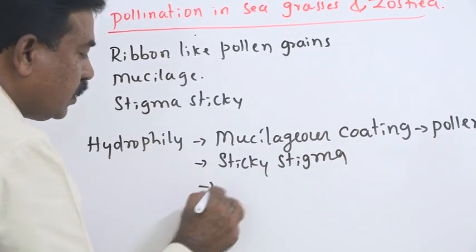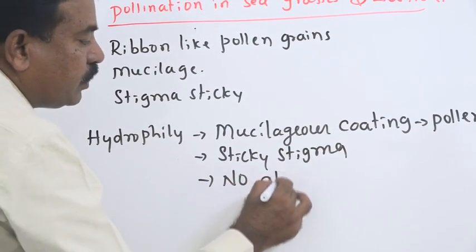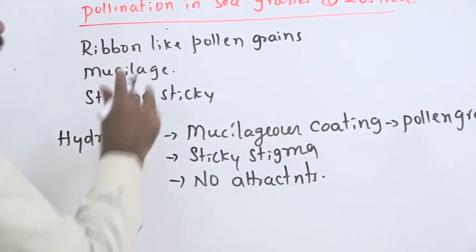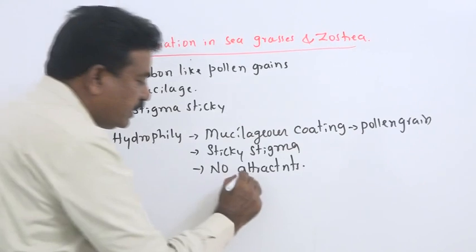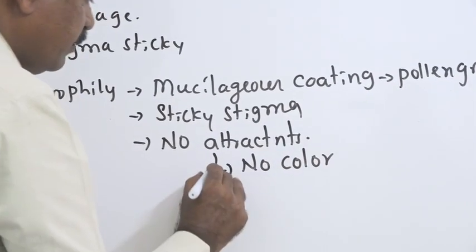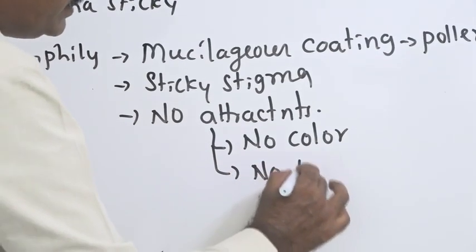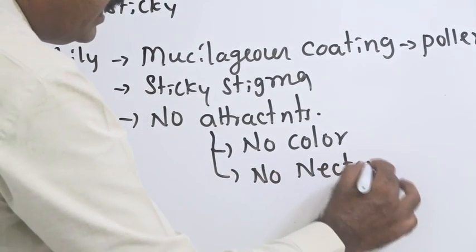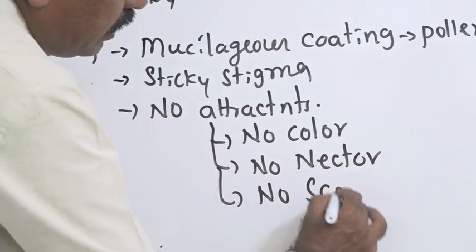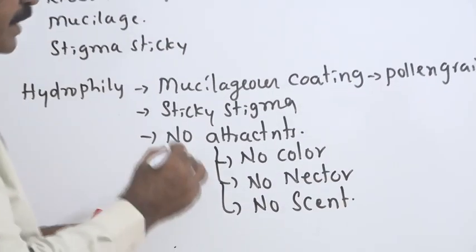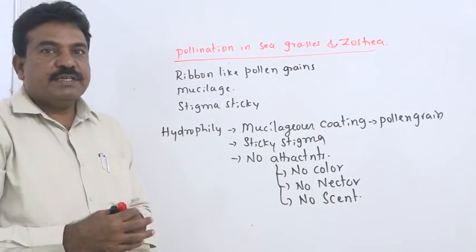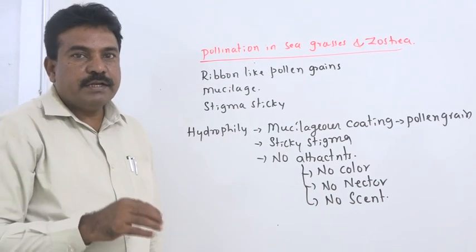And third, here also there are no attractants at all, because water is also a non-living agent. Hence, there is no distinct color in these flowers, no secretion of sweet sugary juice nectar, and also there is no scent or any fragrance emitted by the flower. In this way, hydrophily takes place in case of some monocotyledon members.